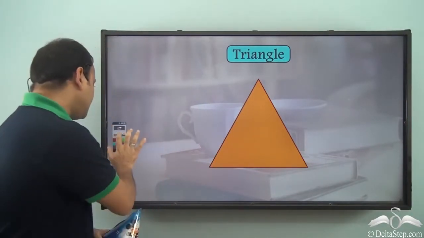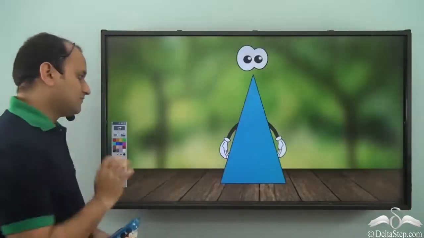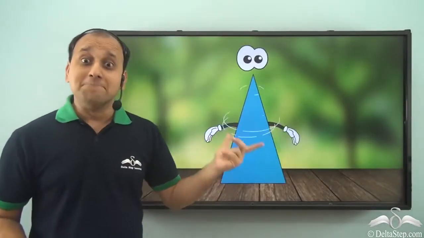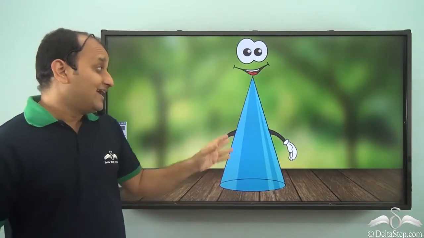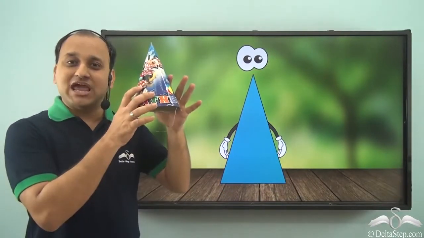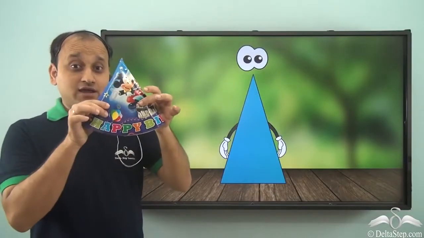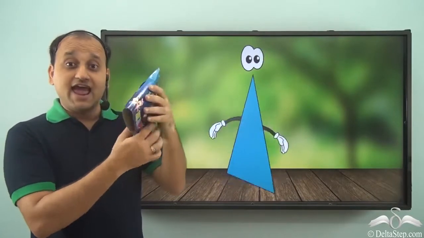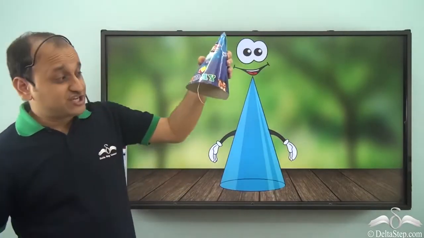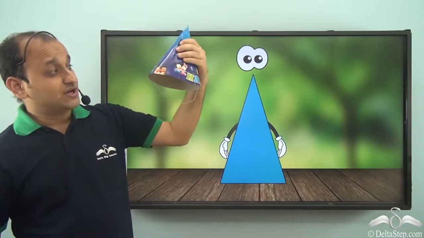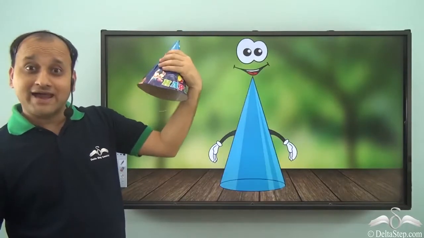Well, the triangle took a magical turn and it became this shape. So, triangle rotated and it became this shape, which is curved from all angles.